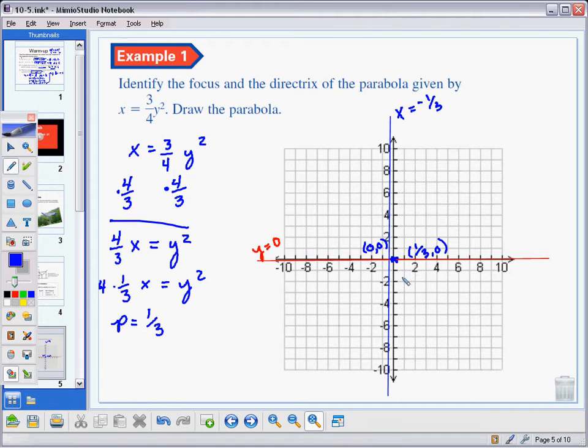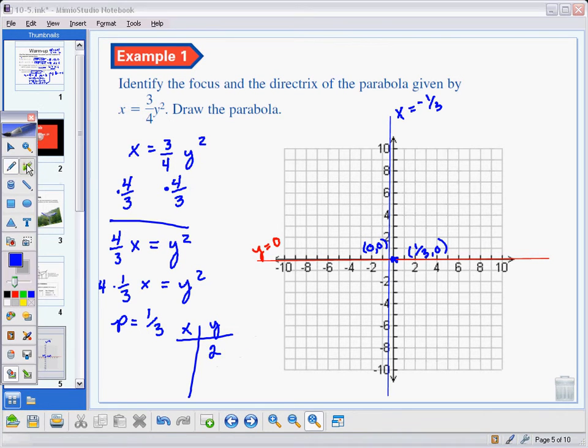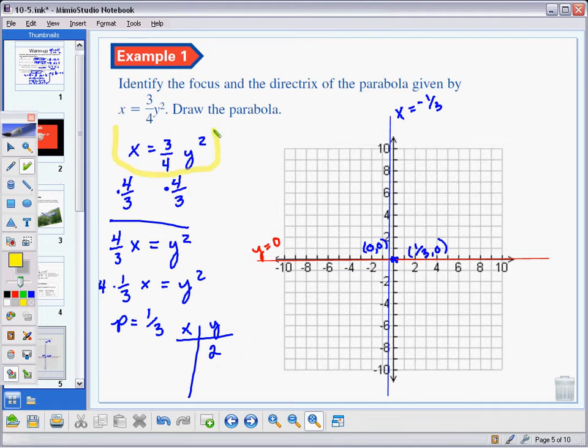All right, so now I just need a couple more points. So I'm going to just make a real quick x, y table. And since y is being squared, it might be easier to choose some y values and get the corresponding x's from that. Okay, so let's choose maybe y equals 2. And I'm going to plug that into my equation up here.